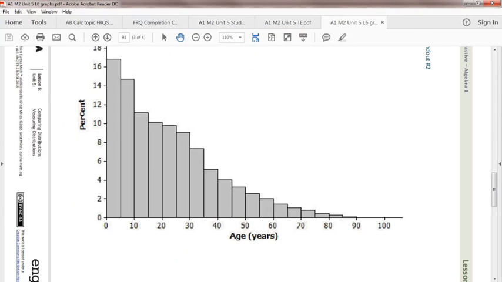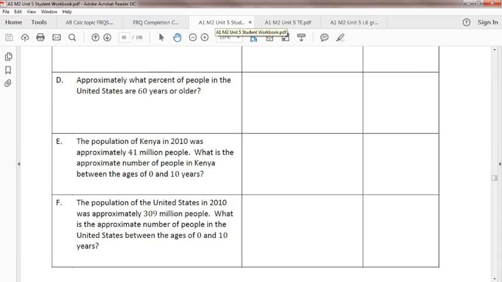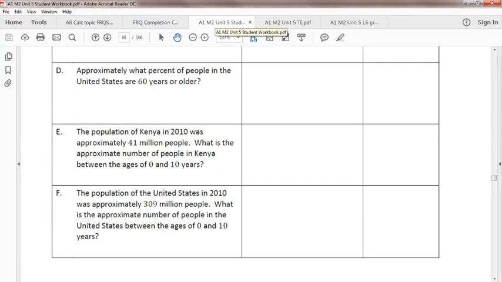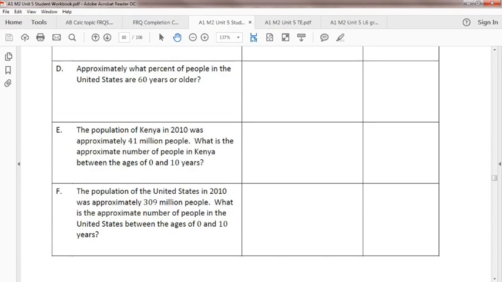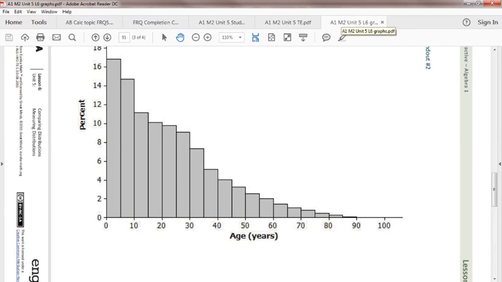Let's look at what's next on our question list. We just finished C. So same question, but for the United States and letter D. What did you guys get? Let's go with Nate. What did you get? 19.8. Sounds like a good estimate to me. Let's go over and look at it really quick. From 60 all the way to the end.